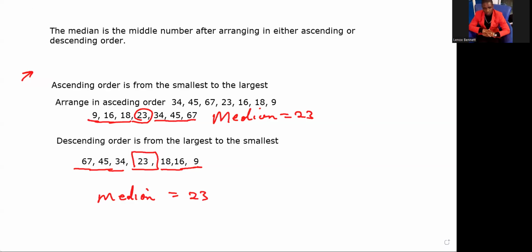Let's look at another example. Make a note of it, guys. All right, let's look at this example.